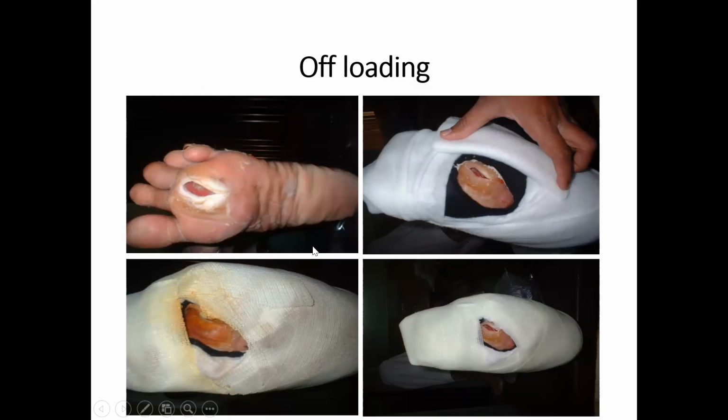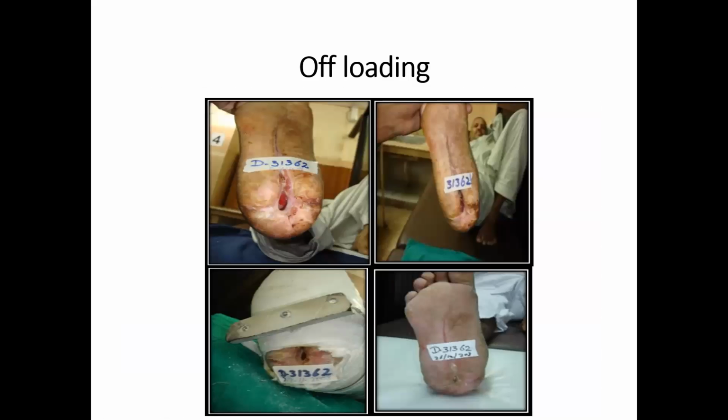Offloading means you are allowing that wounded area to heal through proper blood flow. This is another example of offloading. These pictures I have taken from Bakai Institute. These patients are Bakai patients. And because Diabetic Foot Center is quite well developed over there.